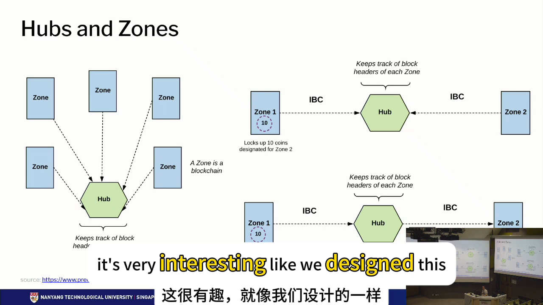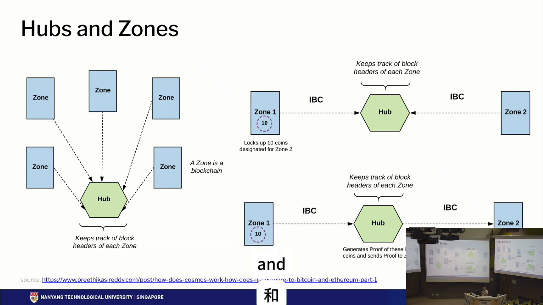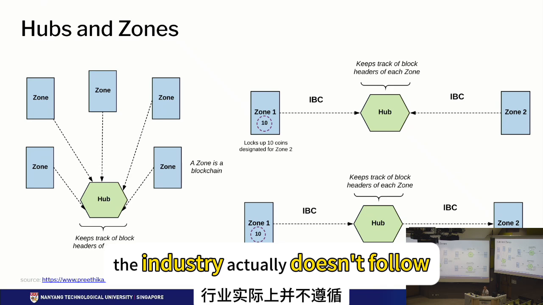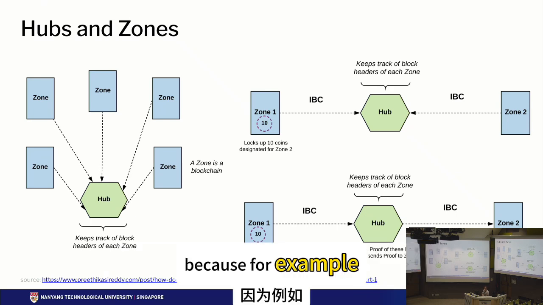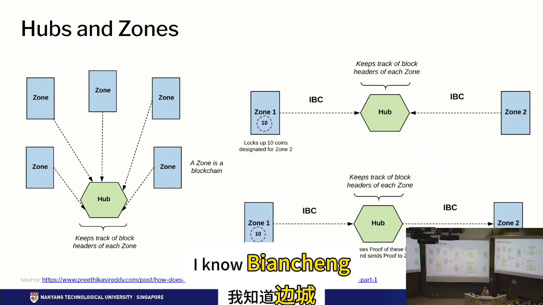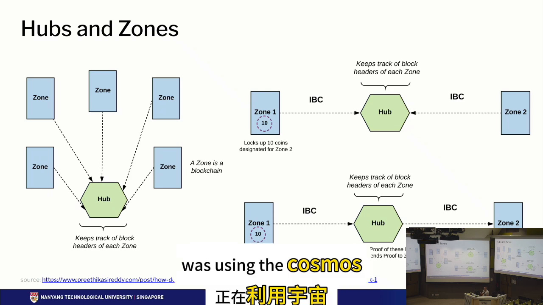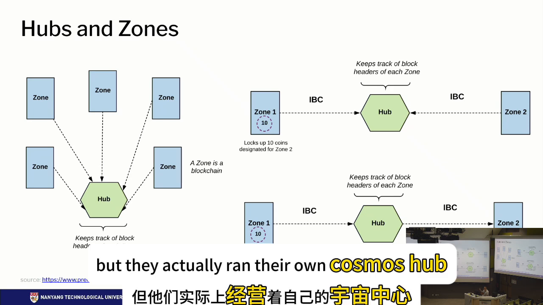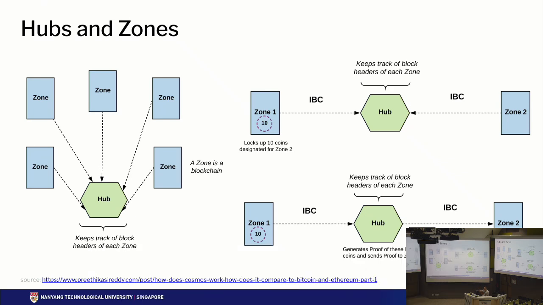But it's very interesting, we designed these and the industry actually doesn't follow, because, for example, I know Binance was using Cosmos, but they actually ran their own Cosmos hub as BNB Chain.